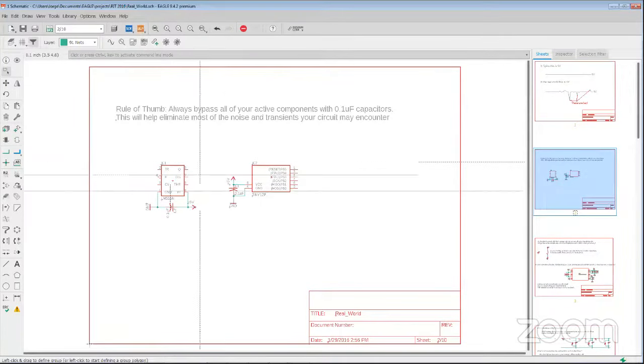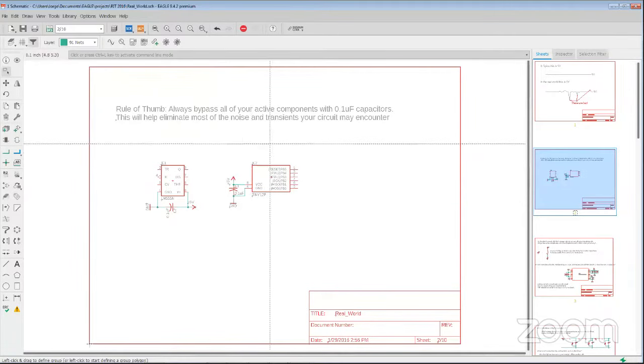This right here is just a very basic rule of thumb. If you have nothing else to go off of, a 0.1 microfarad capacitor can help. Having these decoupling capacitors as close as possible to your active circuitry is going to help keep the voltage rail stable and make sure that you don't get any weird erratic performance.